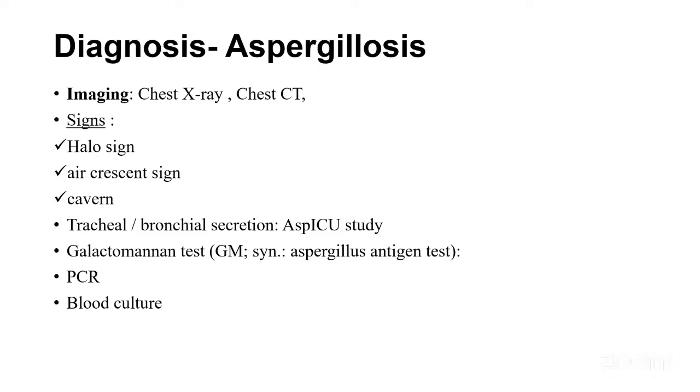Tracheal and bronchial secretions: as per the AspICU criteria, a positive detection of Aspergillus must never be ignored, in contrast to Candida. Candida is treated like colonization, but presence of Aspergillus in bronchial or tracheal secretion is always aspergillosis, and we have to treat.